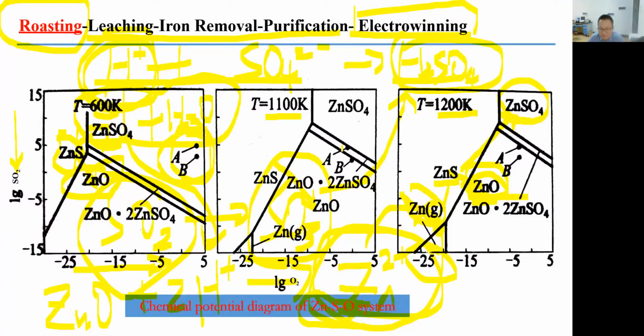So instead of changing the gas composition, changing the temperature will be easier. And I have got some information: the temperature ranged from 900 degrees C to even 1000 degrees C, and it is getting higher and higher.